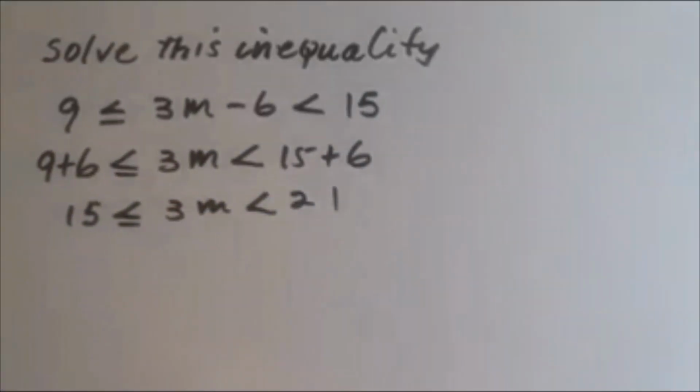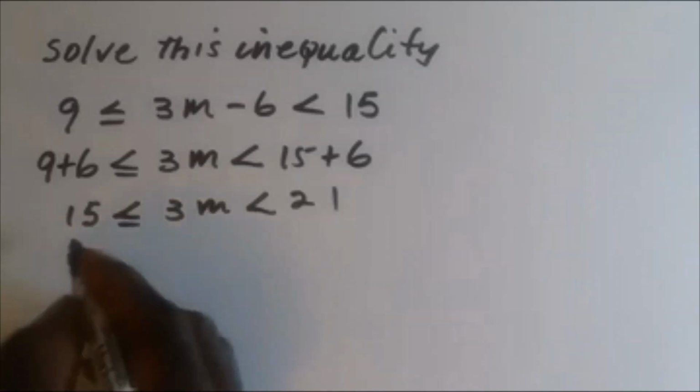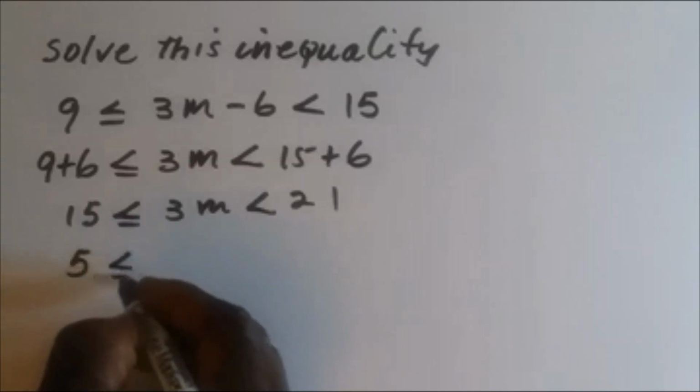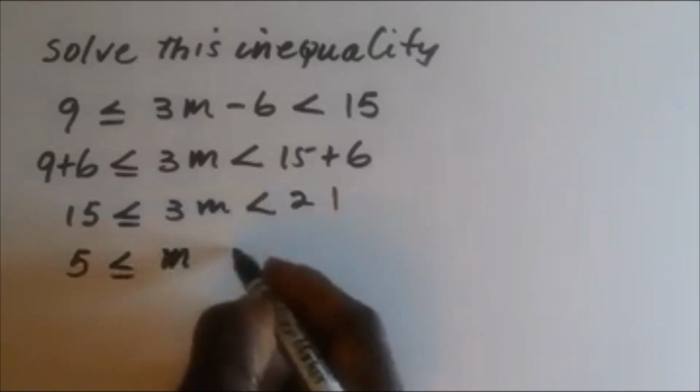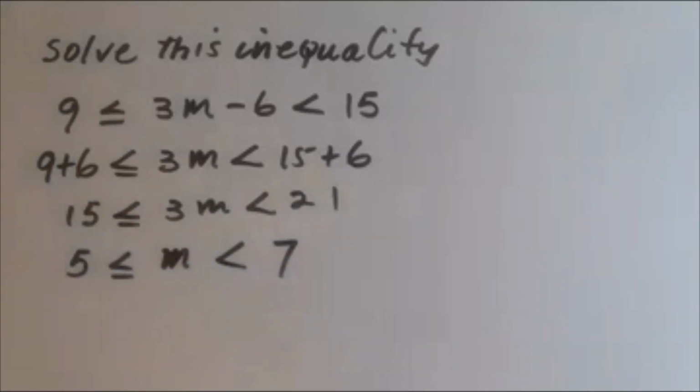And then we'll divide by 3 throughout to express these two inequalities in terms of m. And that's our solution, m being greater than or equal to 5, and m being less than 7.